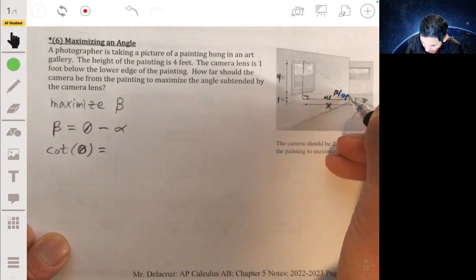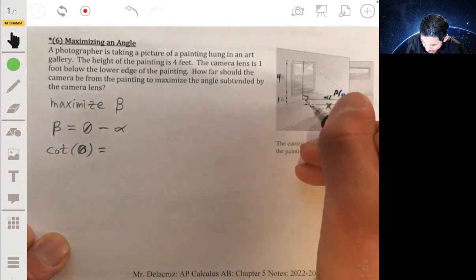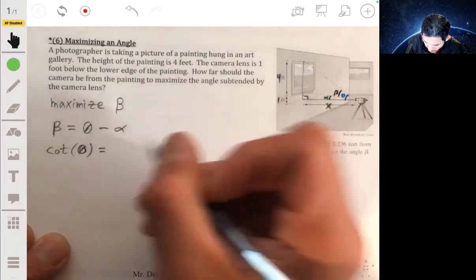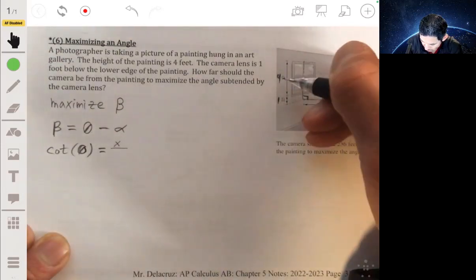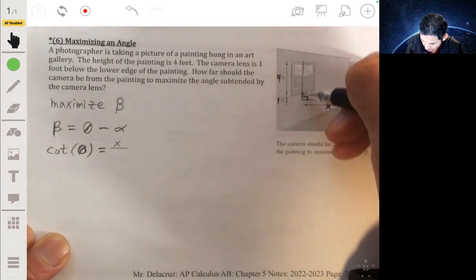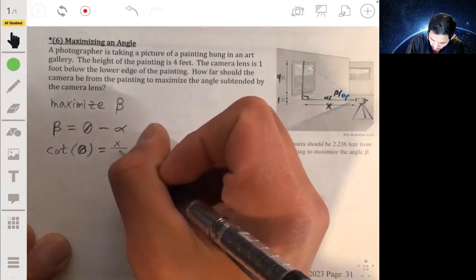So for theta, the adjacent side is X, and the opposite side is this whole length. So it's going to be 4 plus 1, so this whole length. So it'll be 5.